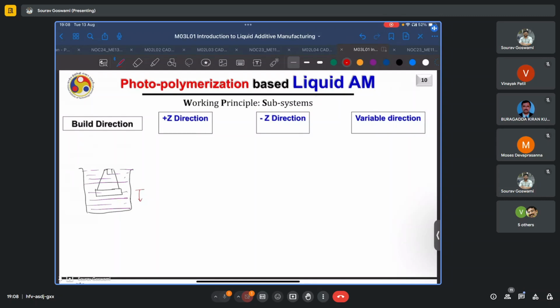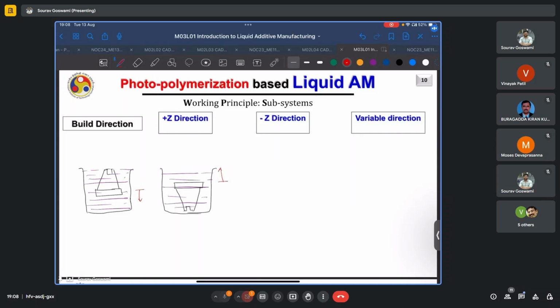When your build direction is along the negative Z, in each step, your build platform will actually move along the positive Z direction, and the build will progress.